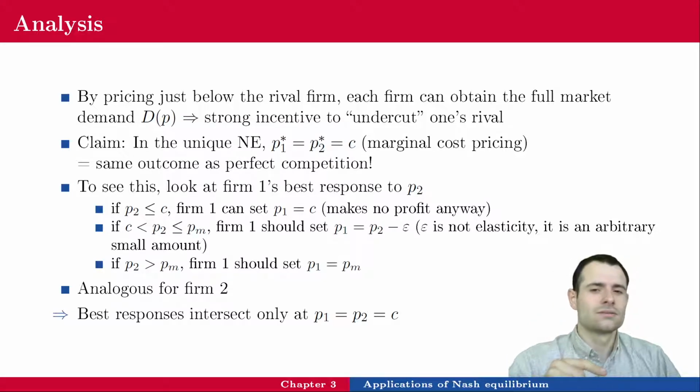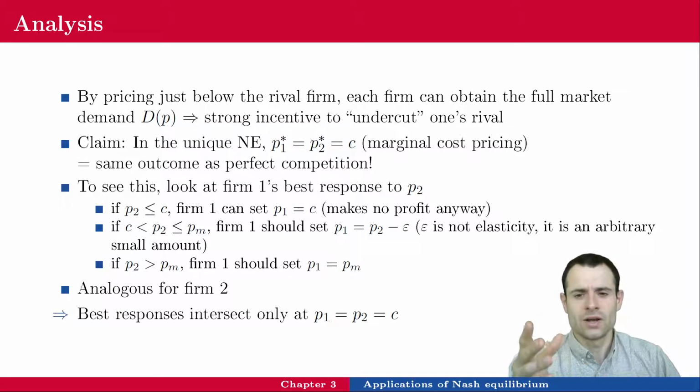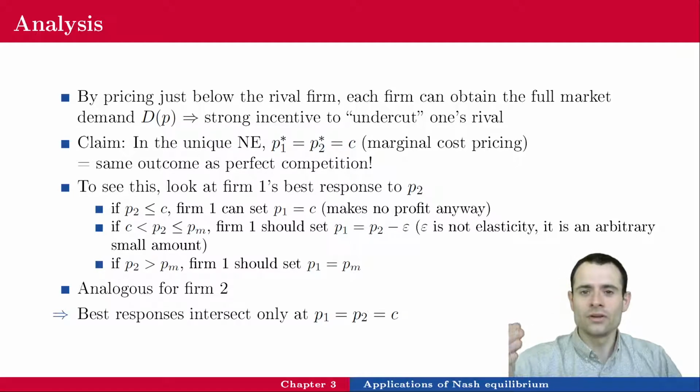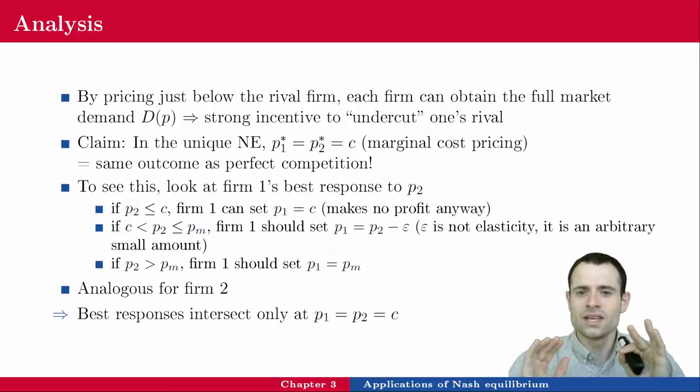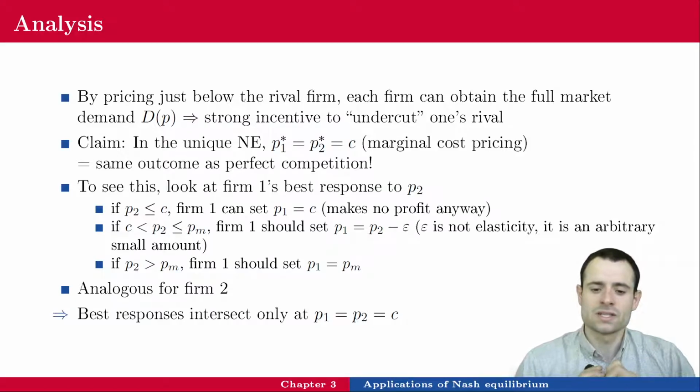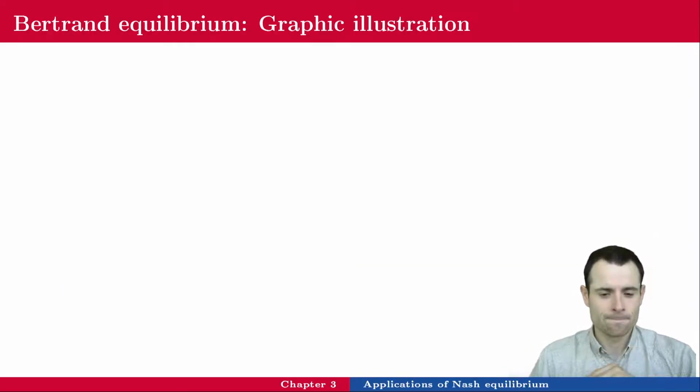This is so hard to say. I tried. Okay? Rather, it will go to the monopoly price and say, hey, monopoly price is the best. It will be a monopolist and it will maximize its profits.